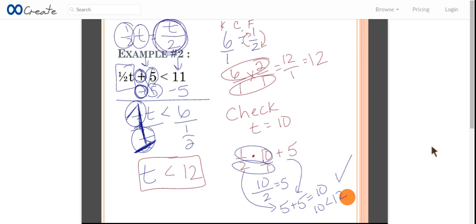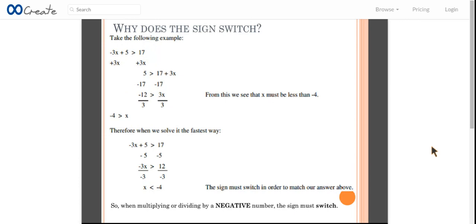All right, so there is one little exception to inequalities, and that has to do with when we deal with negative numbers, when we're multiplying or dividing. So let's look at this example. I have negative 3x plus 5 is bigger than 17. And we're going to do a different solving approach.